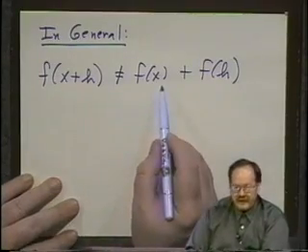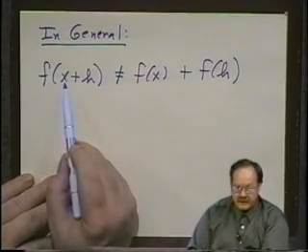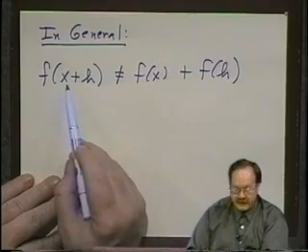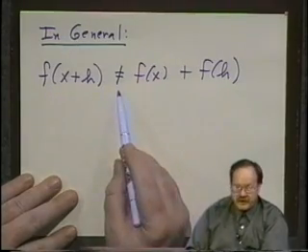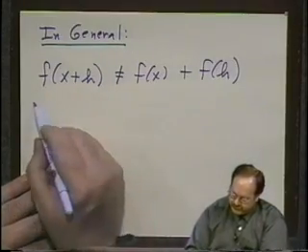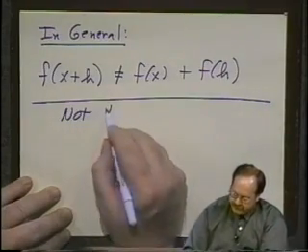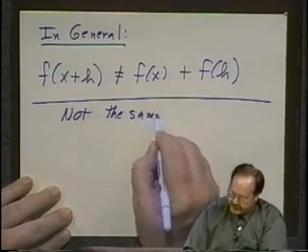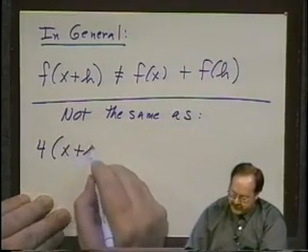Now, the reason that you might think that is because you're used to multiplication. And in multiplication, you multiply f times x plus f times h. And that would seem reasonable. But in functional notation, that's not the same thing at all. Okay? Not the same as, let's go ahead and write it out, say, not the same as taking 4 times x plus h.